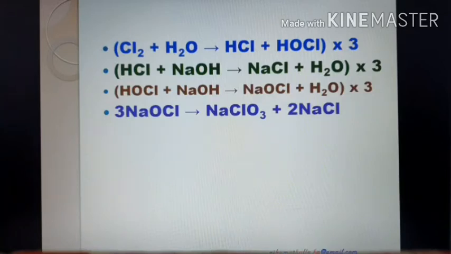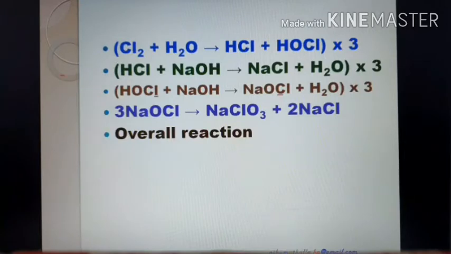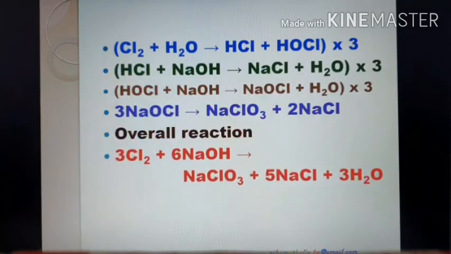After half of the video, I will explain how these reactions take place by writing the chemical equations. Overall reaction is Cl2 plus concentrated NaOH gives sodium chlorate, sodium chloride, and water molecule.